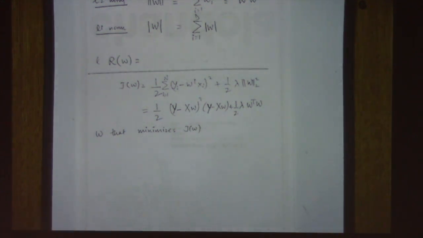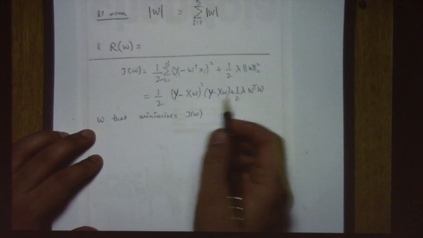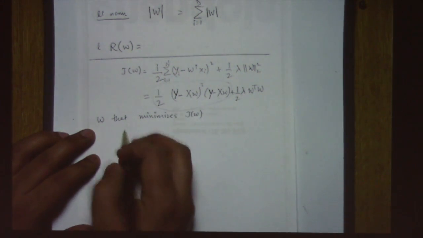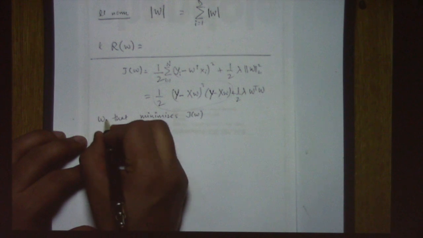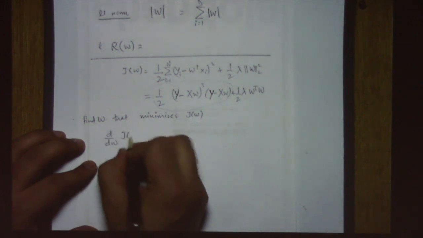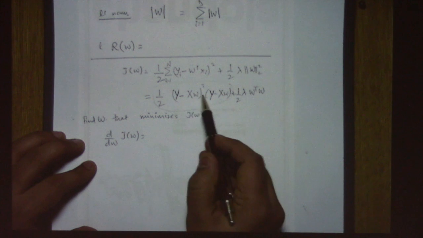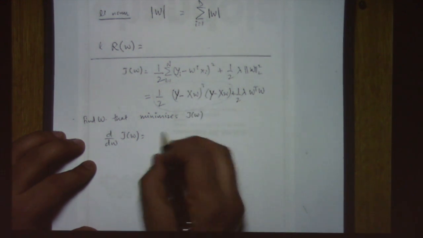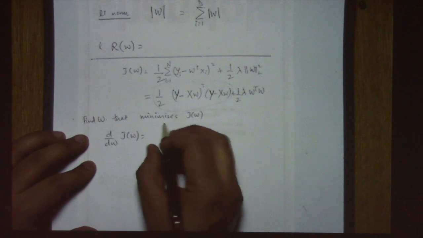We differentiate it with respect to W, and we open this up. This part we have already seen in the linear regression part, so I'm going to go fast on that. So d/dW of J(W), you can open this and do all of that business. What will happen is that it's going to look like this.